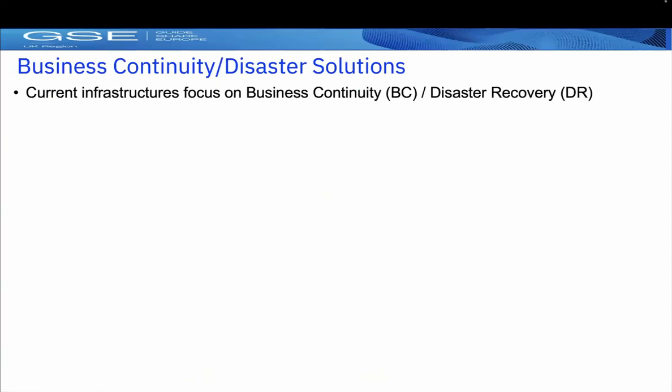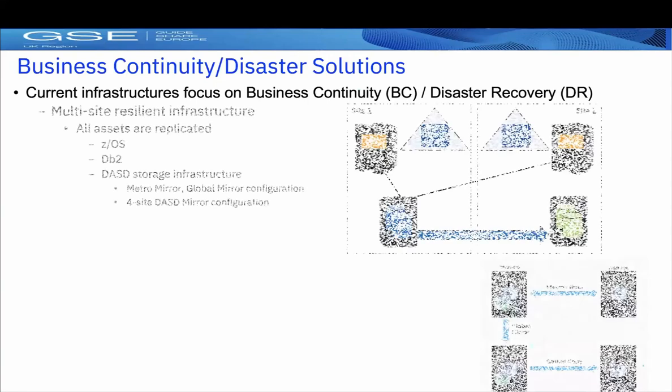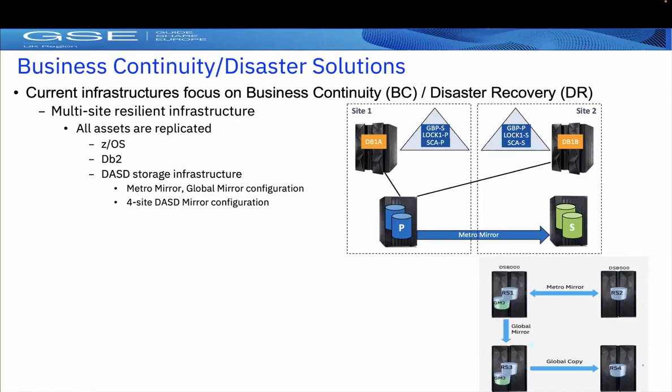So if we look through the business continuity and disaster resiliency, the current infrastructure focuses on business continuity and continuous availability. So if you look, we've done duplexing the coupling facility, multiple Db2s, multiple LPARs, Metro Mirror configuration. I could bring down one site plan and have access to the other site.